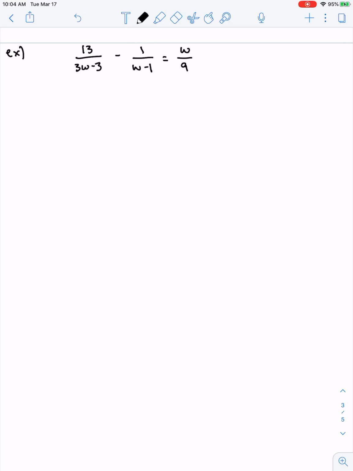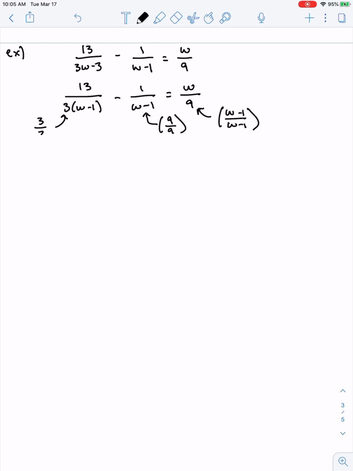I'm going to first factor this, and I get 13 over 3 times w minus 1, minus 1 over w minus 1, is equal to w over 9. So it looks like to get them all to have a common denominator, I need to multiply this one by w minus 1 over w minus 1, this one by 9 over 9, and this one by 3 over 3.